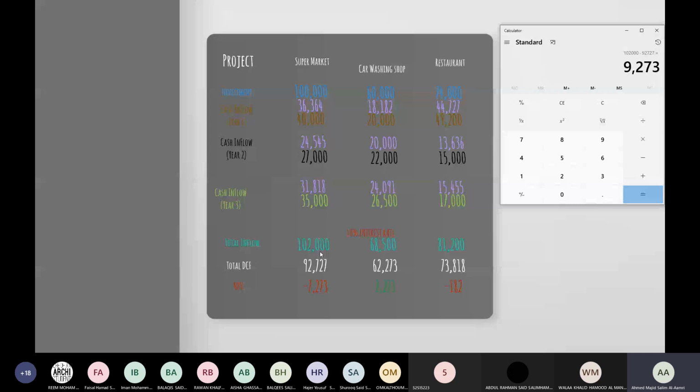We can say 102,000 minus 92,000, 68,000 minus 62, 81 minus 73, and then you will get the higher one. So 102,000 minus 92,727, so 9,000.